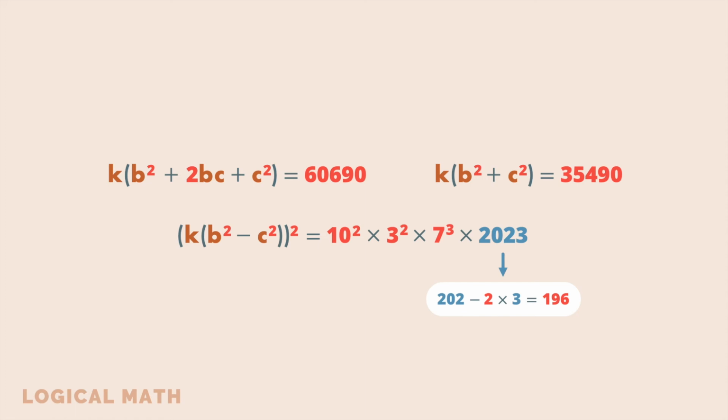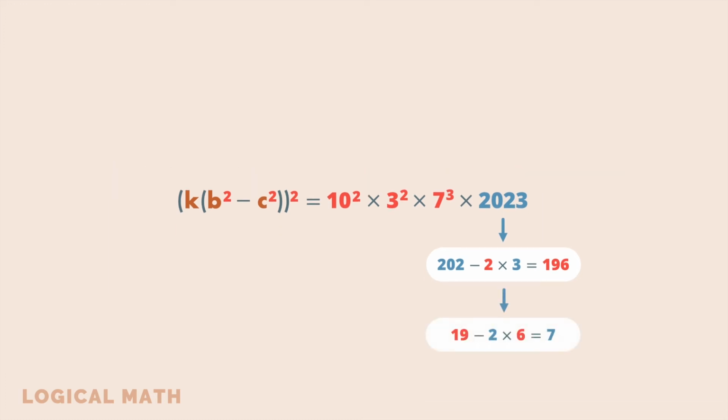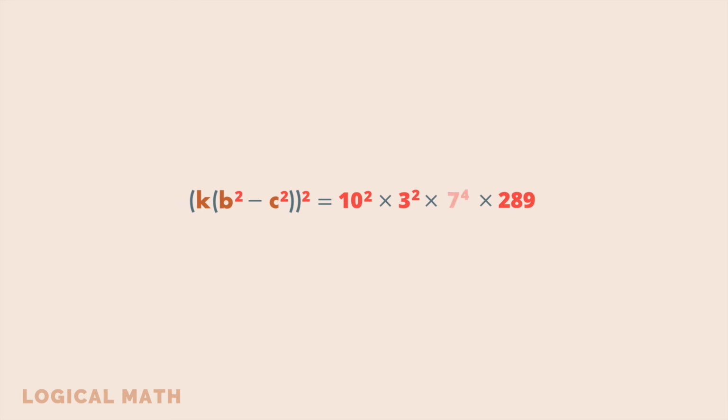As it is not obvious that the number 196 is divisible by 7, we can apply the rule one more time for number 196. 19 minus 2 times 6 equals 7. So the number 196 is divisible by 7 as well as number 2023. One more factor 7 gives us 7 to the power 4 in total. The remaining factor 289 is equal to 17 squared.